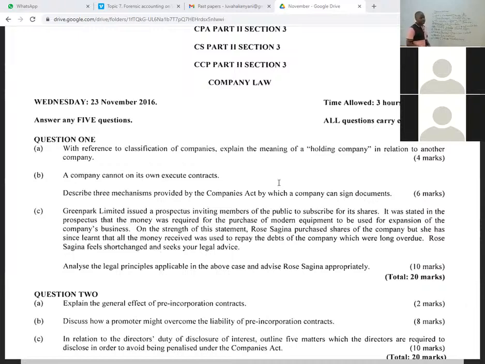You can just write the answer and say, the legal principles applicable relate to a misleading prospectus.